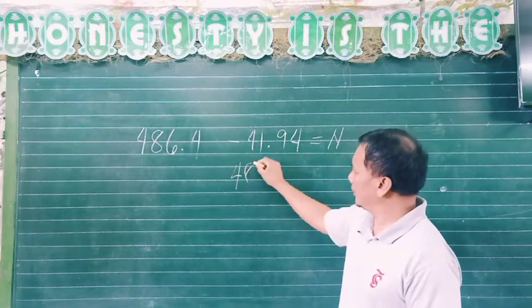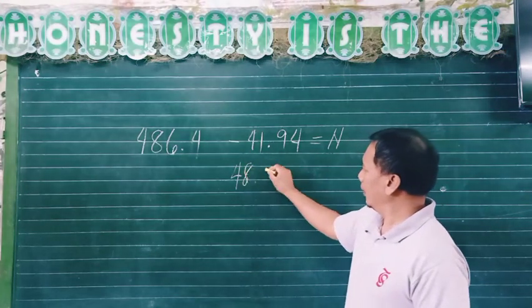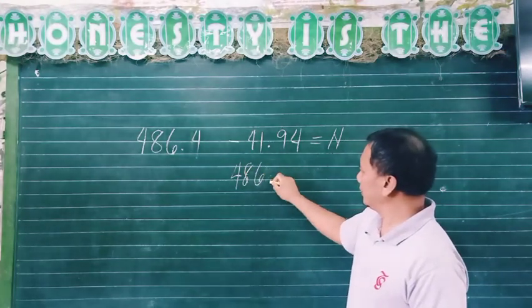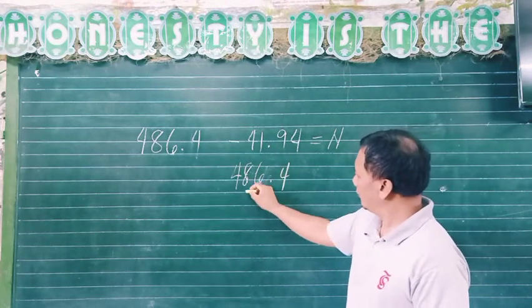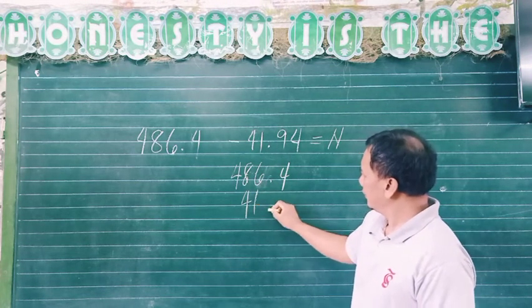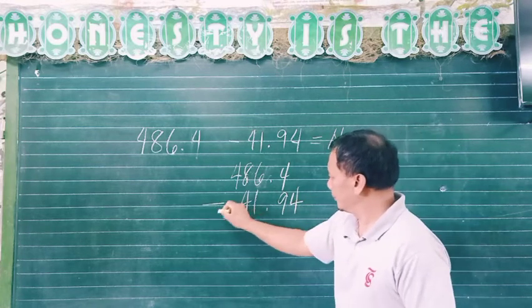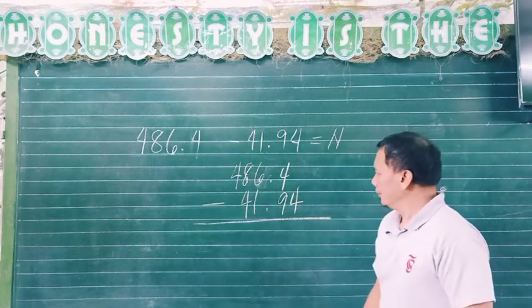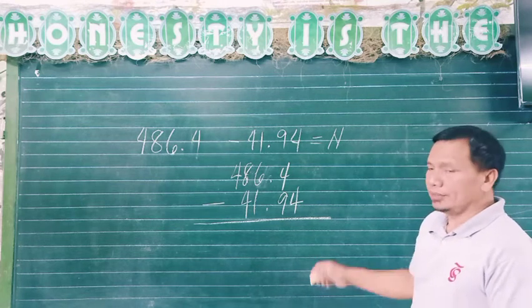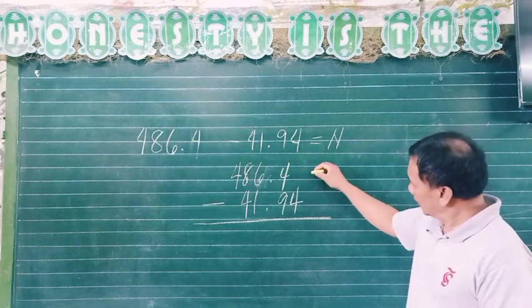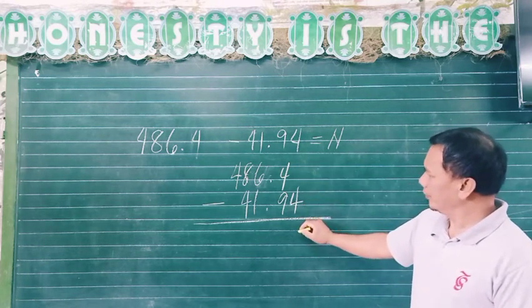So 486 and 4 tenths and 41 and 94 hundredths. Subtract. Okay, in this situation, you cannot just bring down 4.